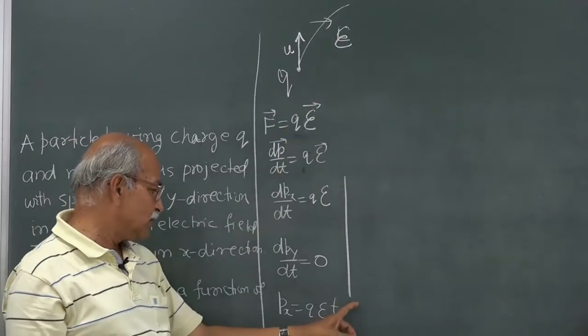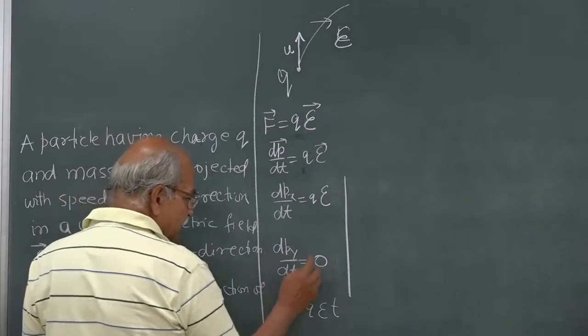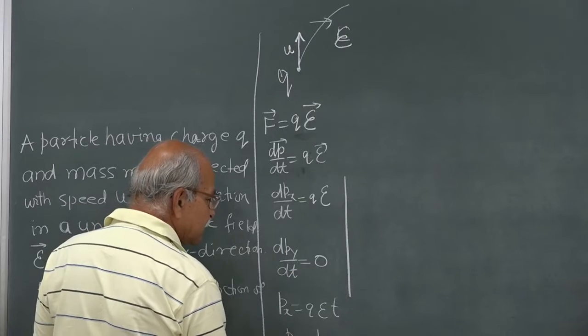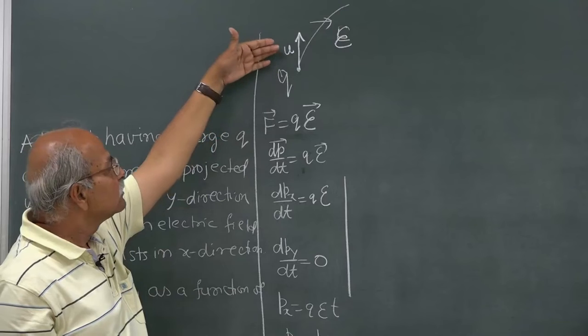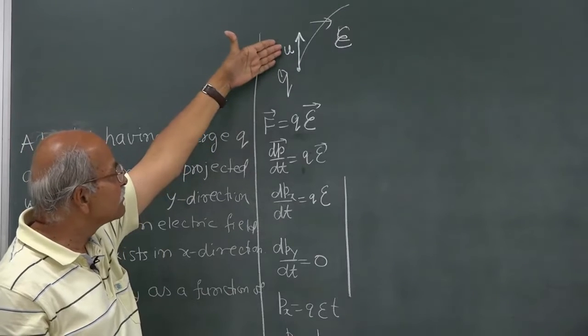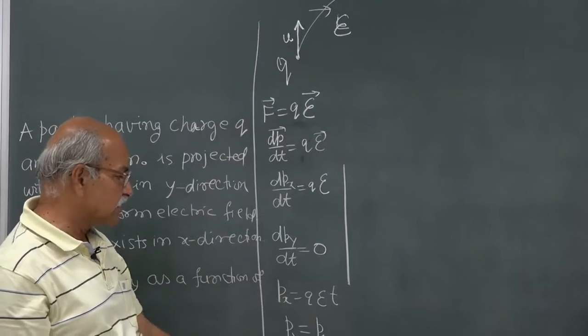So, there is no integration constant here, and the other equation will give you py is equal to a constant, that is p naught, the initial linear momentum, m naught times u divided by square root of 1 minus u square by c square. That will be constant.